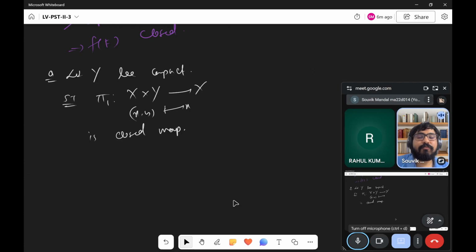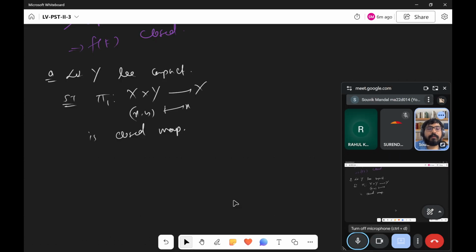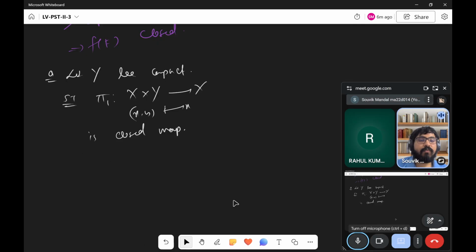No. By closed map, what do you need to show? No need to hesitate, you can tell. Whenever we say some map is closed, actually, what do we need to show?